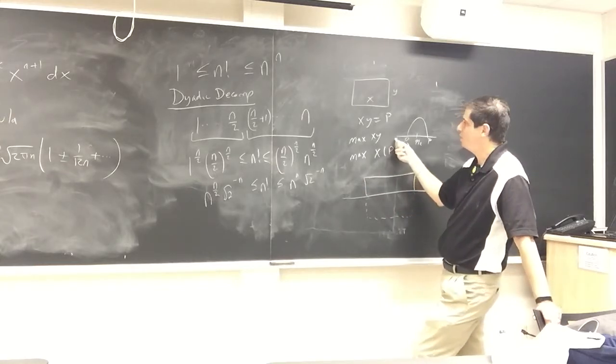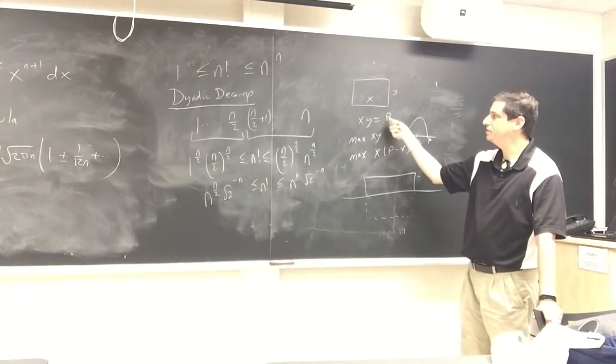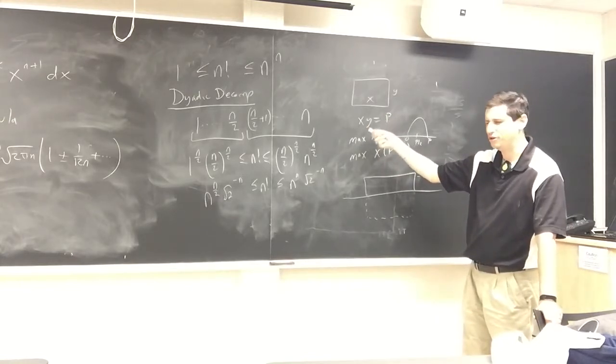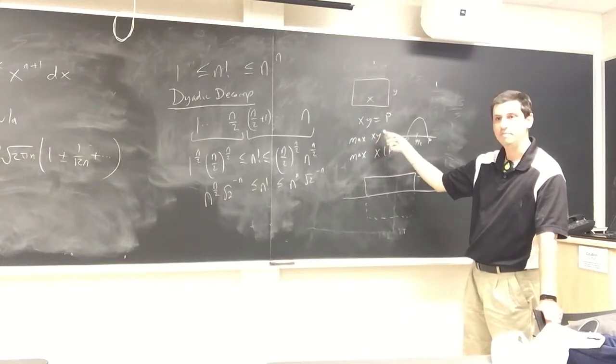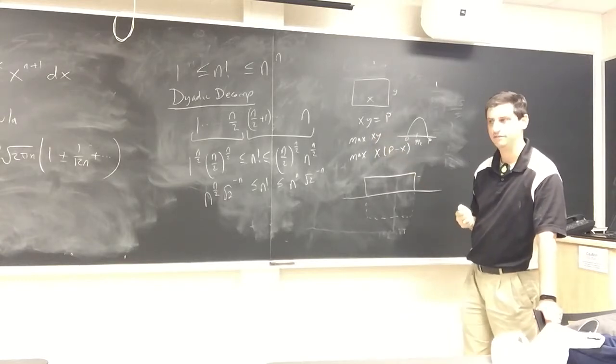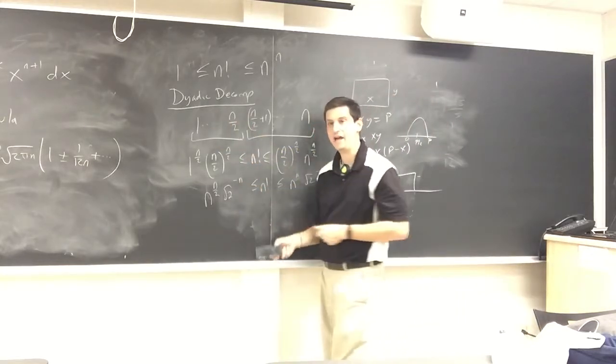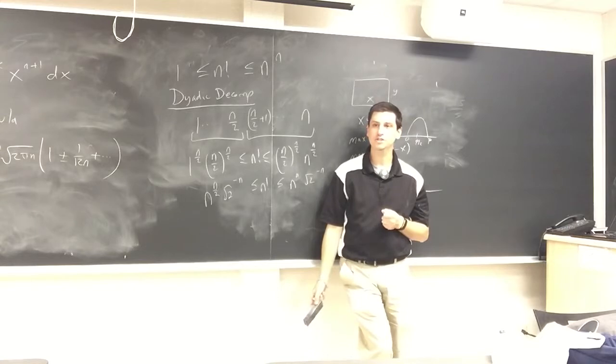So if we use the Farmer Brown problem, if you have a product where the 2 pieces have a fixed sum, the maximum is when they're each half. So when I now look at 1 times n halves, it's going to be less than or equal to n fourths squared.